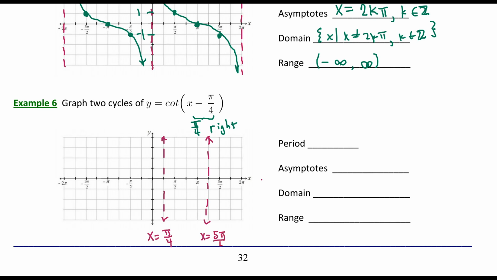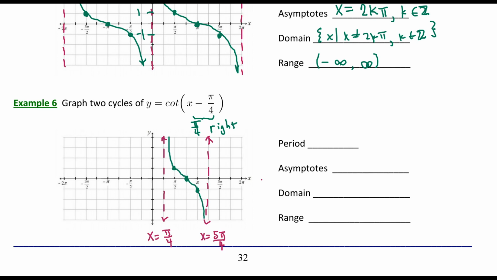And where the original cotangent function crossed the x-axis at pi over 2, we can shift that point pi over 4 units to the right and observe that this new cotangent function is going to cross the x-axis at 3 pi over 4. Filling in the general pattern of the key points, we have our transformed function of cotangent.